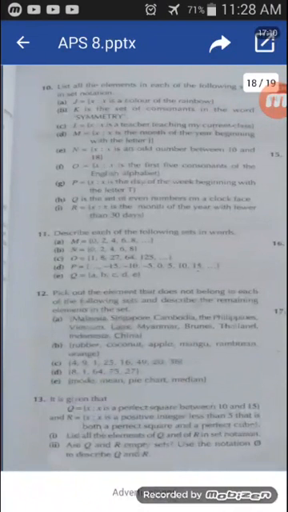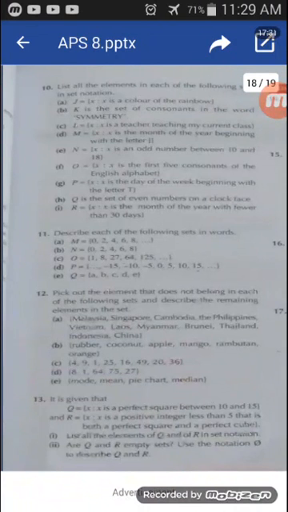Squares of 10 and 15 are not included. If it is written as 10 and 15 included, then you include 10 and 15. If it says the numbers between 10 and 15, then 10 and 15 are not included.